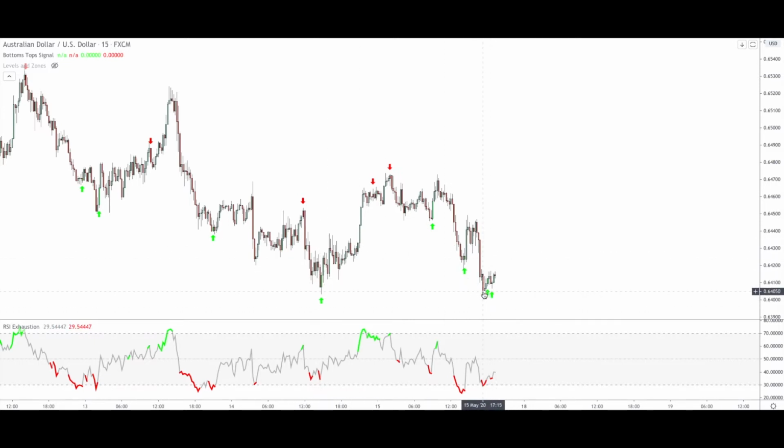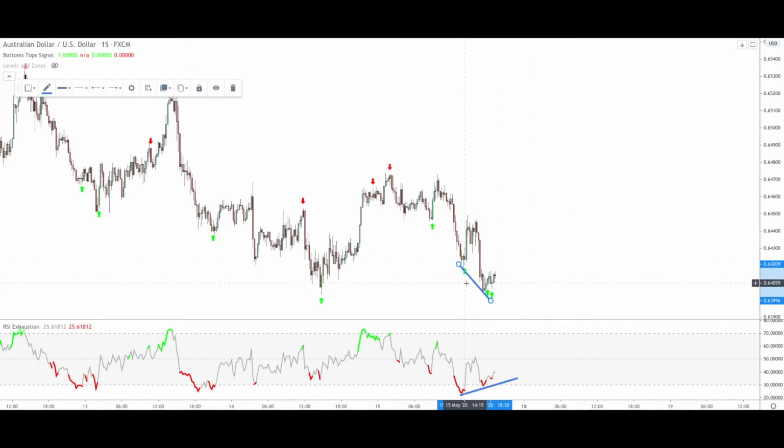Why do I believe this? Well, because we have two bottoms here from the bottom top signal indicator, and then we also have what we really like to see, which is divergence. As you can see, the RSI was increasing at the same time the price was decreasing.